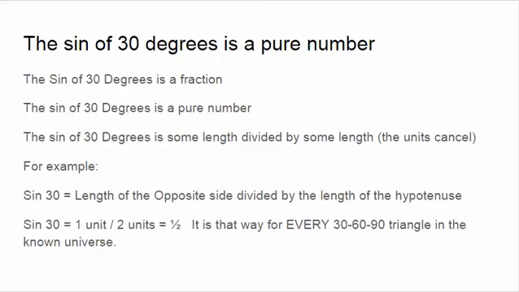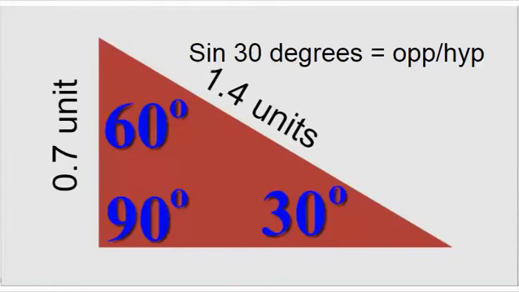For example, sine of 30 is equal to the length of the opposite side divided by the length of the hypotenuse. Sine of 30 is equal to 1 unit divided by 2 units, which is 1/2. It is that way for every 30, 60, 90 triangle in the known universe. So here we have the 30, 60, 90.